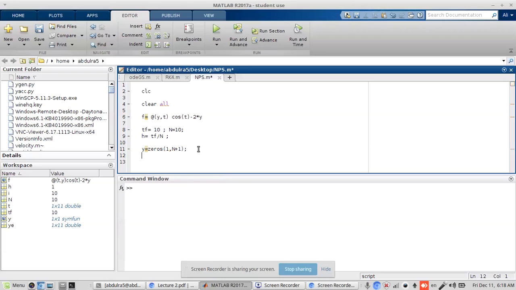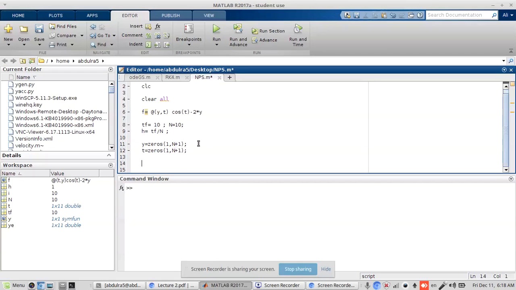It's the same for t. So I am just giving zeros to the positions of these vectors, y and t.